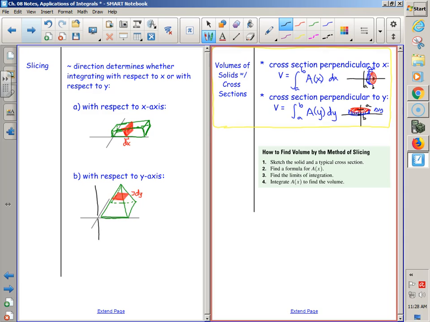Now this starts to get interesting if you guys go beyond just x and y. Let's say we had figures that were tilted and were diagonal, that were skewed. Then maybe you could take an integral with respect to something other than x and other than y. College stuff, don't forget.